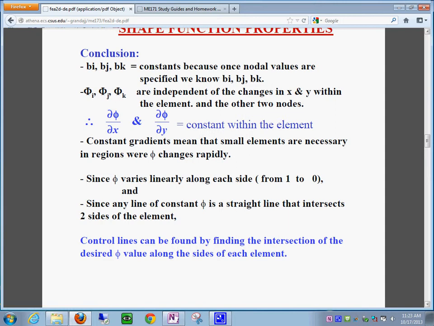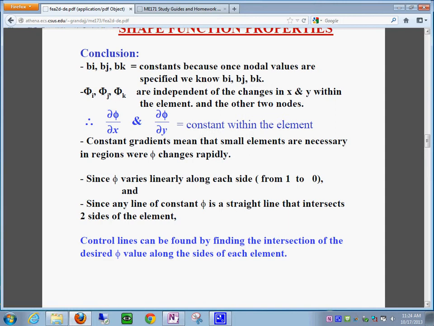So you're not going to have, like in the solution, a little ragged part in there. Everything is a plane, and because of that, the changes within the element will always experience a constant value within the element. You say d phi dx and d phi dy.